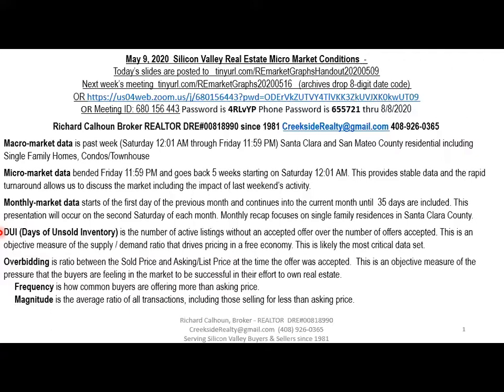The lower the DUI, the faster the market's going, the more price increase pressure there is. The second indicator that has the two phases is overbidding. There's the frequency of overbidding, how often consumers are overpaying more than the seller's asking price. And then the second component of that is the magnitude of overbidding. How much are they going over the asking price?